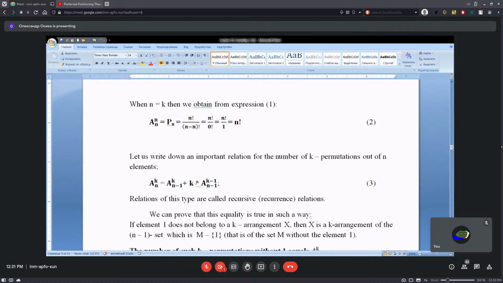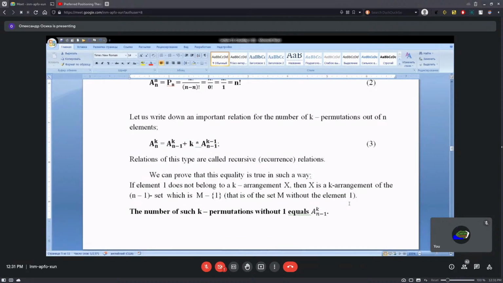So the sum of these two numbers. Relations of this type, where the value is expressed through itself but for a smaller value of the argument, are called recurrence relations or recursive relations.